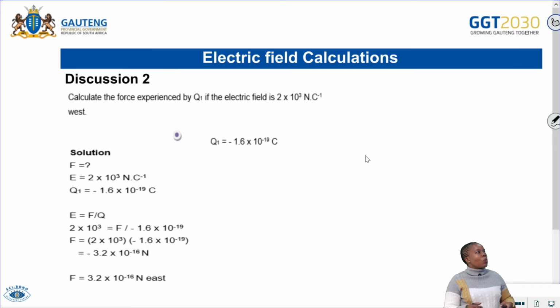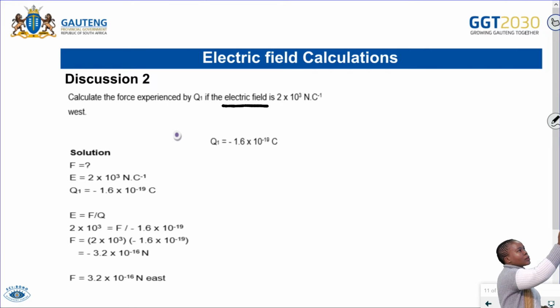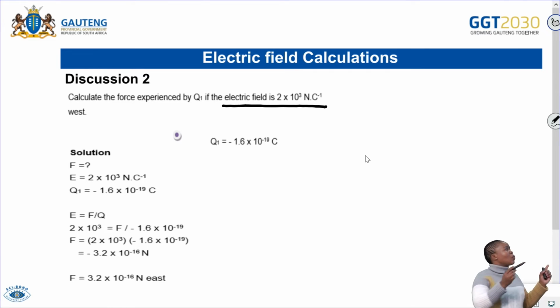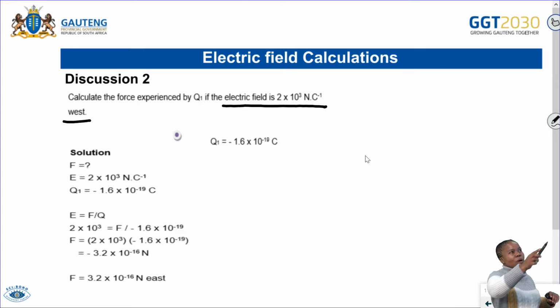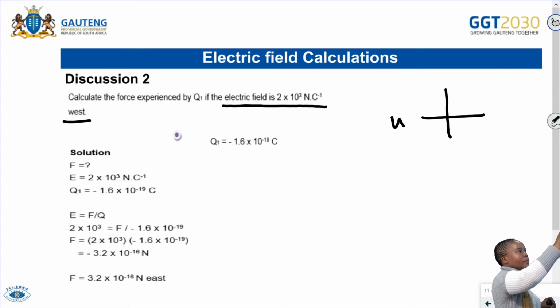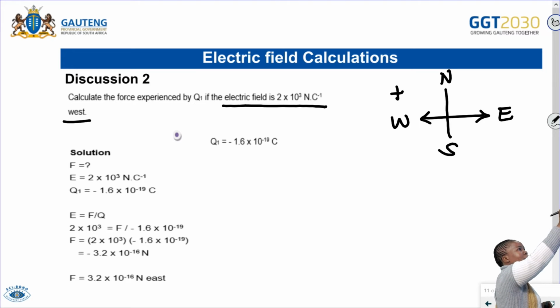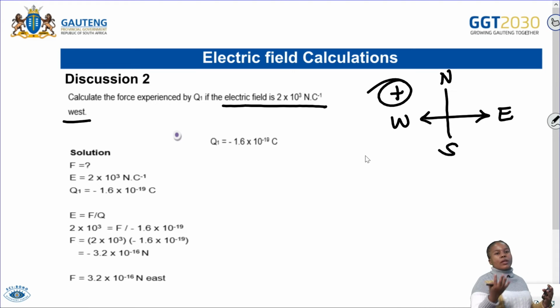We are given the electric field, and also the direction of it, to the west. Therefore we're going to take the west direction to be positive. So if we have an answer in the other direction, we take that one to be negative.